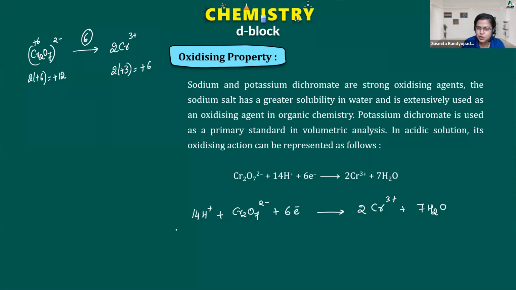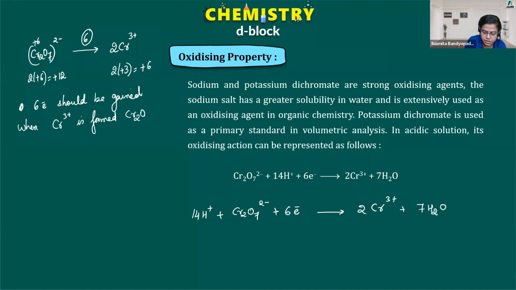So students, as you know, Sir has taught you redox balancing in his own way. I hope you understood why it's 6. Because 1 chromium is plus 6, 2 chromium is plus 12. 1 chromium is plus 3, 2 chromium is plus 6. So basically 6 electrons should be gained when 2 Cr3 plus is formed from Cr2O7 2 minus.